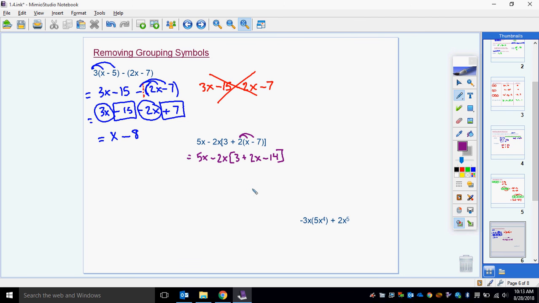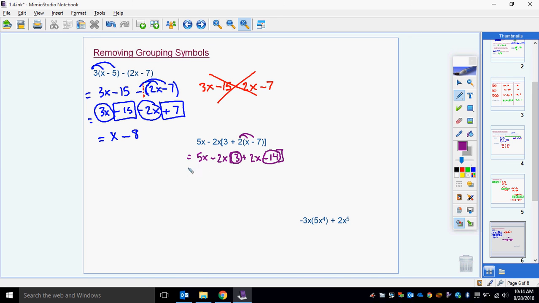We can combine the like terms in the brackets if you want. We can do that first. So if I circle the 3 and the negative 14, I combine that. Let's go ahead and do that, actually. So combine like terms in the brackets, if I can. I couldn't combine like terms in the parentheses in the step before because it was an x and a 7.